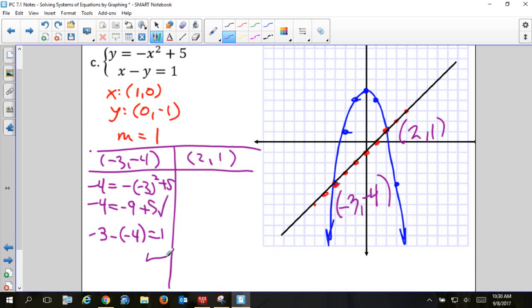Yep, that works. And then our 2, 1 equals -2 squared plus 5. So that's going to be -4 plus 5. Yeah, that works. And then we have 2 minus 1 equals 1. Yep. So we know we have the right answer.